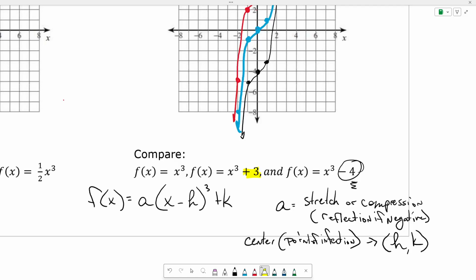And notice since the h is inside the parentheses here, just like with our other graphs we've done in the past, the h goes to the opposite. So if it was a plus 3 in there, then it would be negative 3. If it was a minus 2, then it would be a positive 2. And that just shifts it left and right along the x-axis.